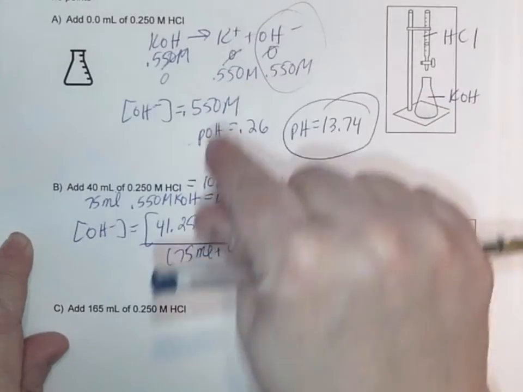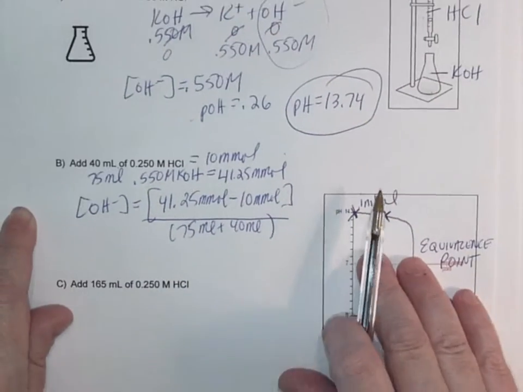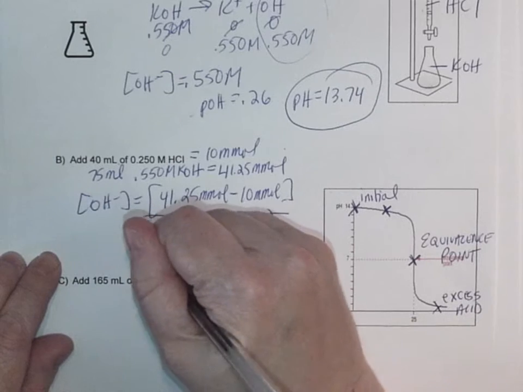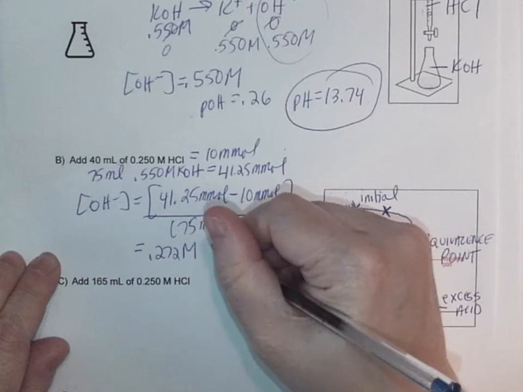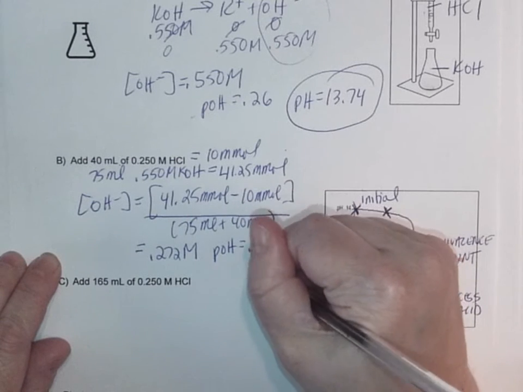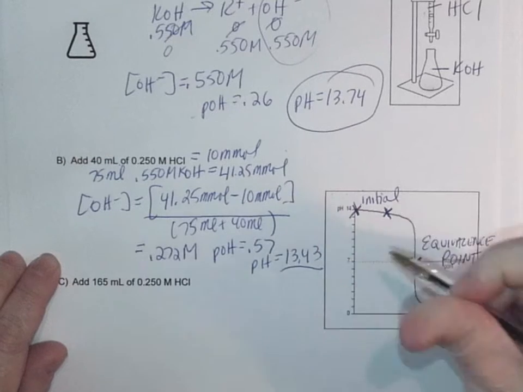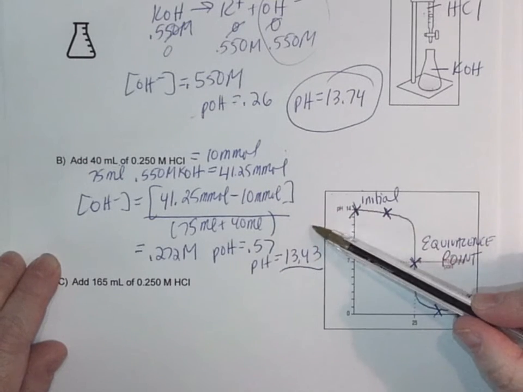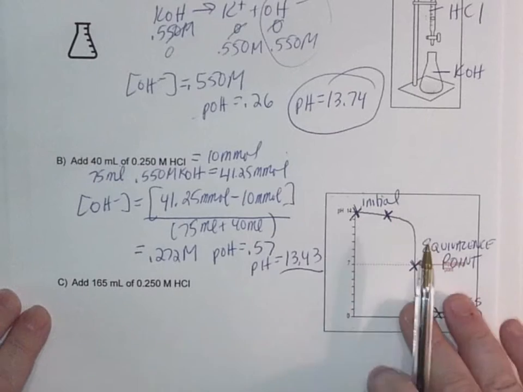And remember, each of these are separate problems. It's like the previous one didn't even exist. So when I take this, I find out that my molarity is 2.272 molar. Again, I'm going to have to find my pOH, and then I can go on to find my pH. So it's gotten a little more acidic, even though it's extremely basic still. So here I am over here.